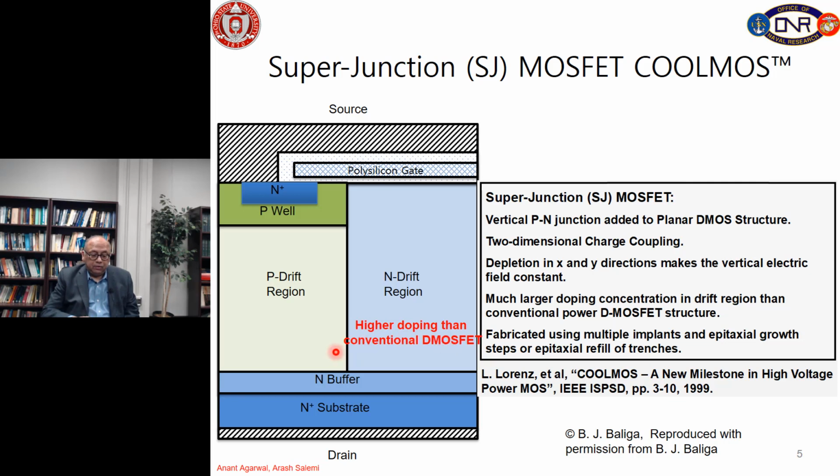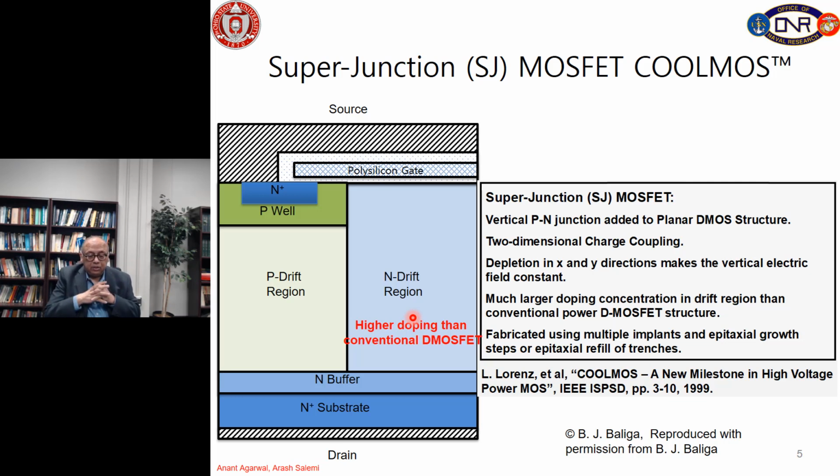So, what happens when we apply positive voltage on the drain, the drift region here depletes along this direction in the vertical direction, but also it depletes sideways from the P to N. So, this whole N-type region gets depleted vertically and horizontally.